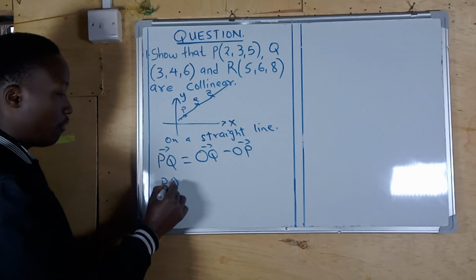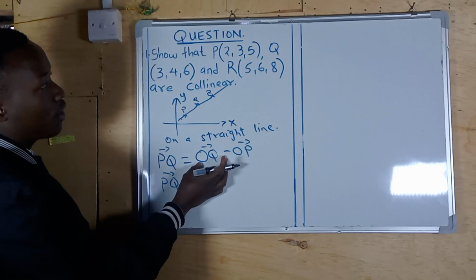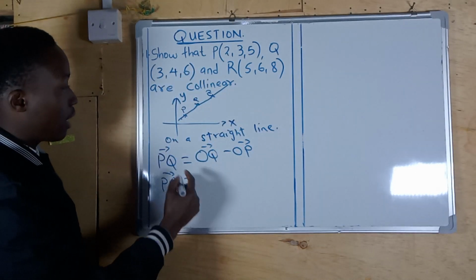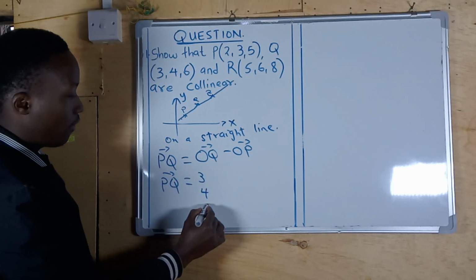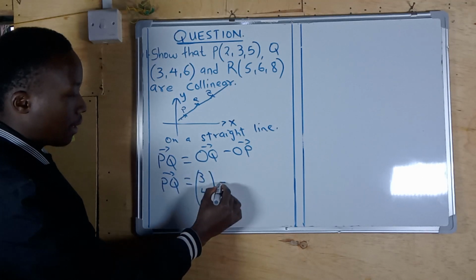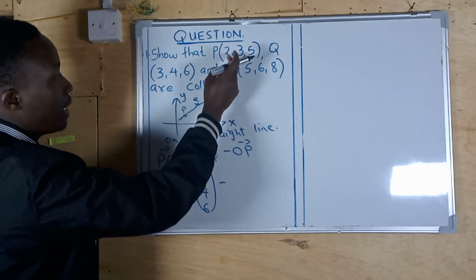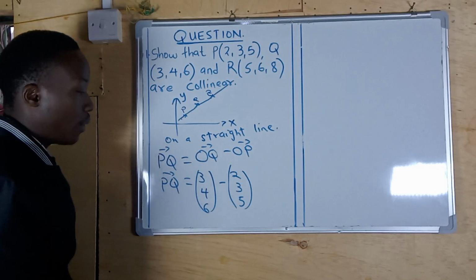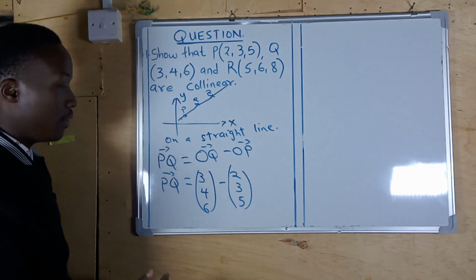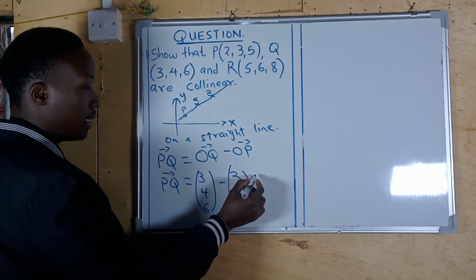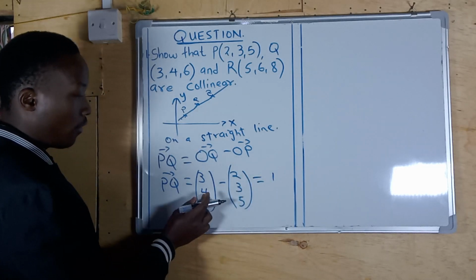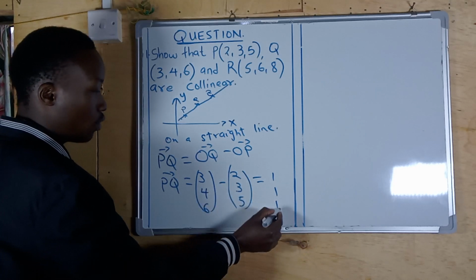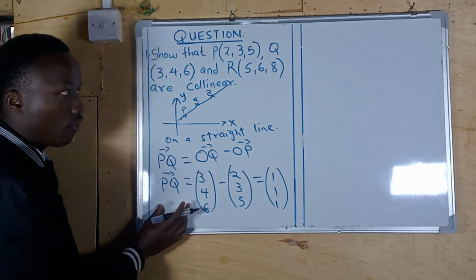OQ is the coordinate of Q, so we can write this as a column vector, (3, 4, 6), minus P, (2, 3, 5). Once we subtract, we get PQ: 3 minus 2 is 1, 4 minus 3 is 1, 6 minus 5 is 1. So that is the column vector of PQ.